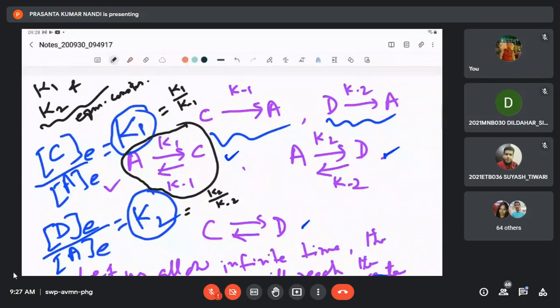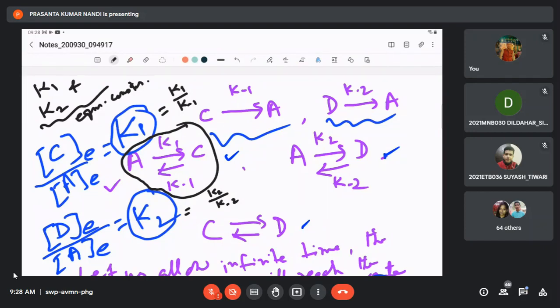And I think at this stage, initially we did not allow the reverse reaction, that is, the isomers to the reactant, C to A or D to A. That transformation was not allowed at the very beginning, right?